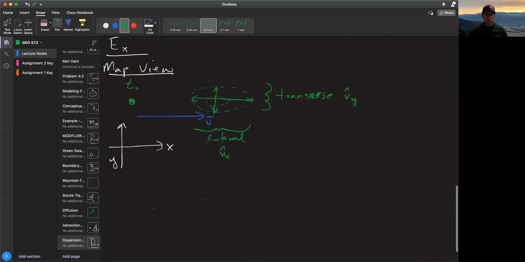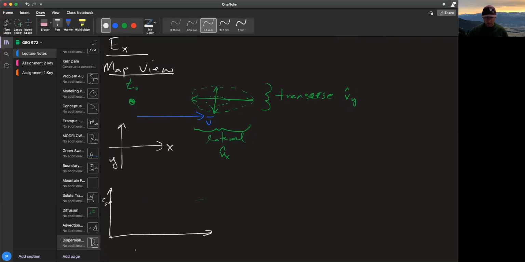So if we were to look at the concentration profiles here, so if I were to draw here the concentration, and let's say this is 0 and this is C sub naught, which is the concentration at T0. So here's C sub naught. So this is at time T0.